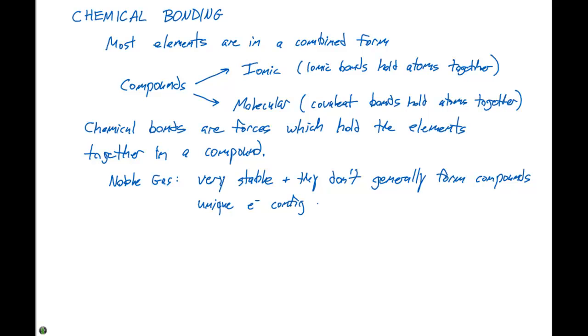And typically, that is ns2 np6. And this particular electron configuration is very stable. The exception to this is helium, which has an electron configuration of 1s2, which is also very, very stable. So the reason I bring this up is because this indicates that this particular electron configuration is very, very stable.